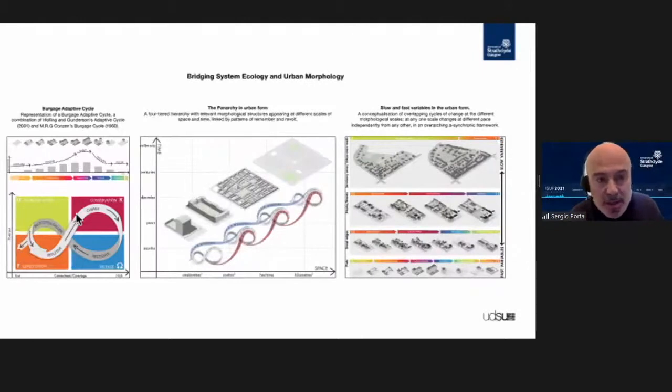And once we realize that, and we also look at the same time, on one side, to system ecology and the models of the way complex adaptive systems change, and we also look at urban morphology, which is the branch of urban studies that looks at urban form change, well, we see that conceptually both areas of science have developed exactly the same concept in complete independency from each other, without talking to each other. But there is a lot of common ground between the two areas of research.